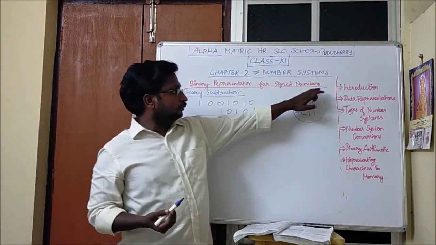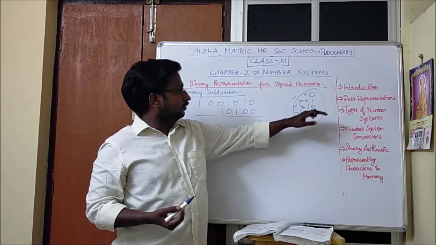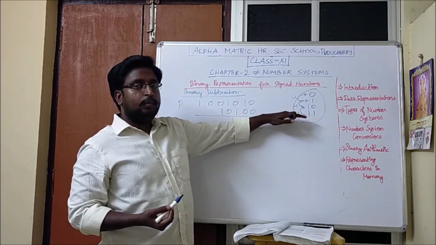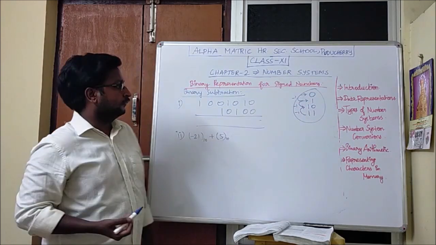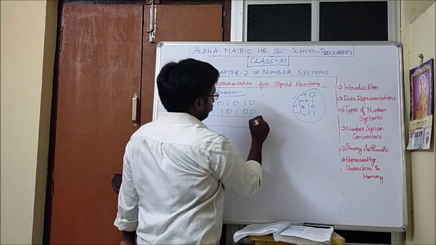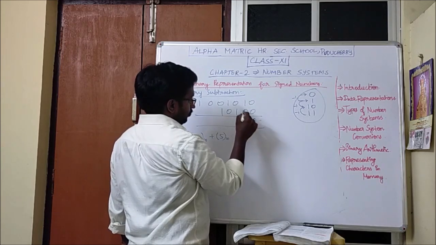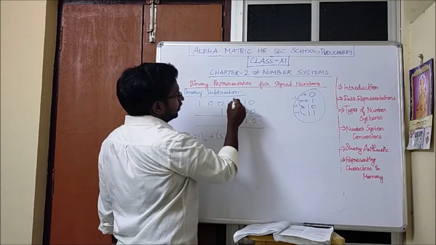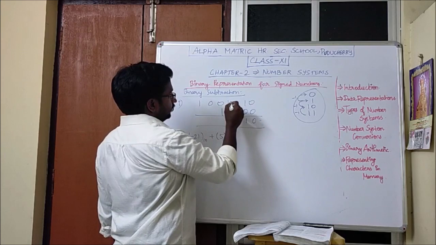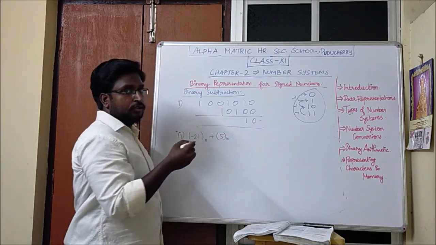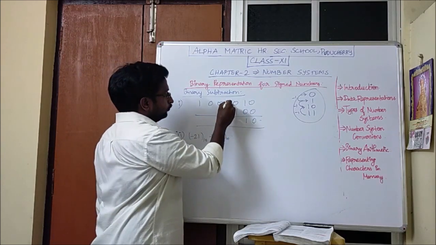For addition you have to come from top to bottom, whereas for subtraction you have to keep in mind from bottom to top. 0 minus 0, it is 0. 1 minus 0, it is 1. And here 0 minus 1. In 0 we cannot subtract 1, so we have to borrow.